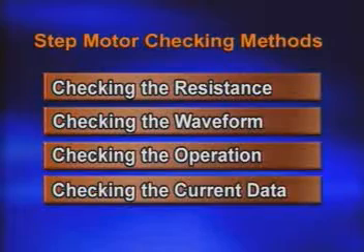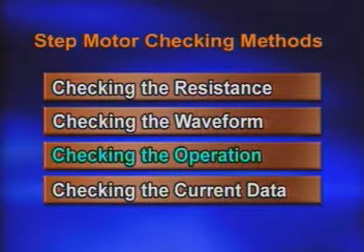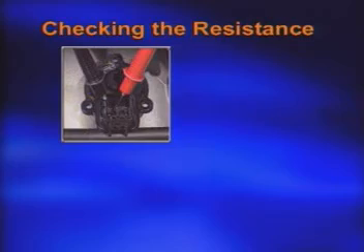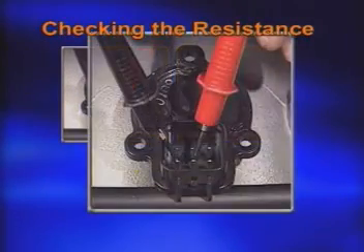There are several ways of checking the step motor: checking the resistance, checking the waveform, checking the operation, and checking the current data. To measure the resistance, first of all, measure the resistance of the 4 coils after disconnecting the connector.